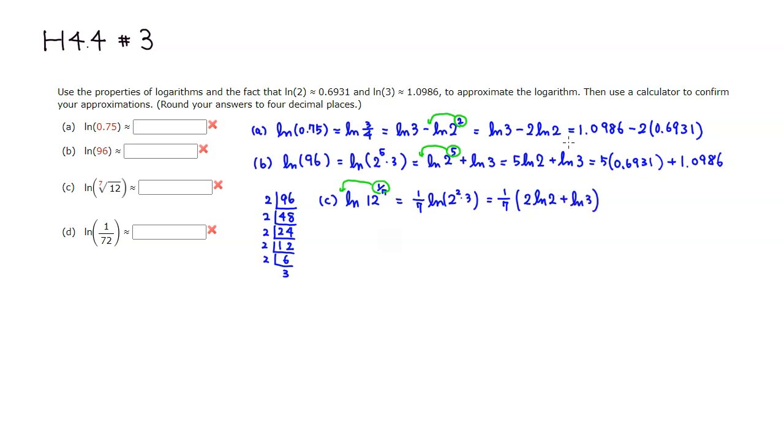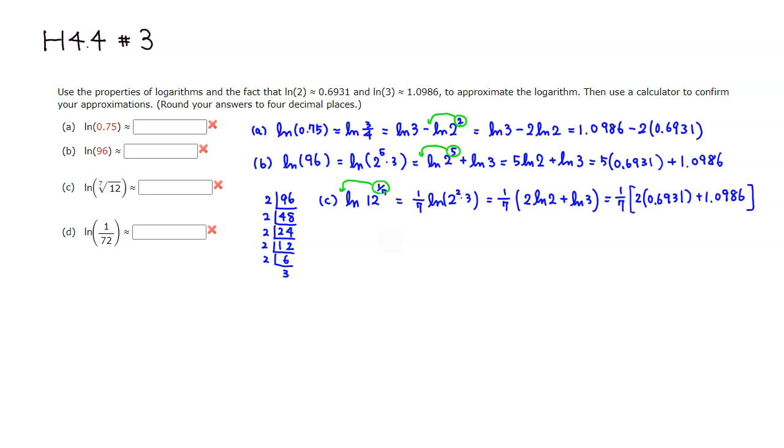So this is 1/7, and then you have 2 times the natural log of 2, which is 0.6931, and the natural log of 3 is 1.0986.